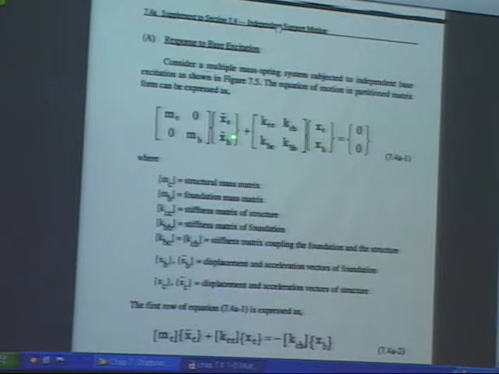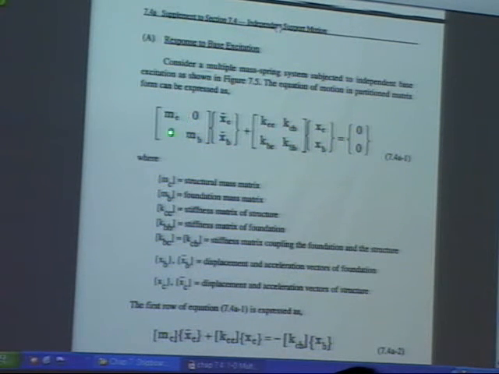C is a structure, B is a foundation, and MC is the structure mass matrix, MB is the foundation mass matrix, conceptual work. KCC is for structure, KBB is for foundation, KBC or KCB is a coupling, connecting between the structure and the foundations. Okay, then you can cast into that form.